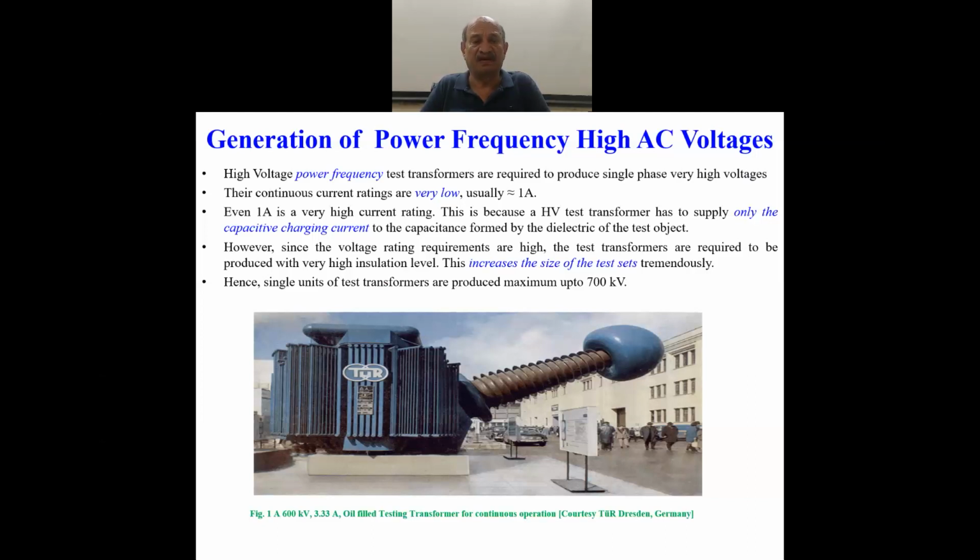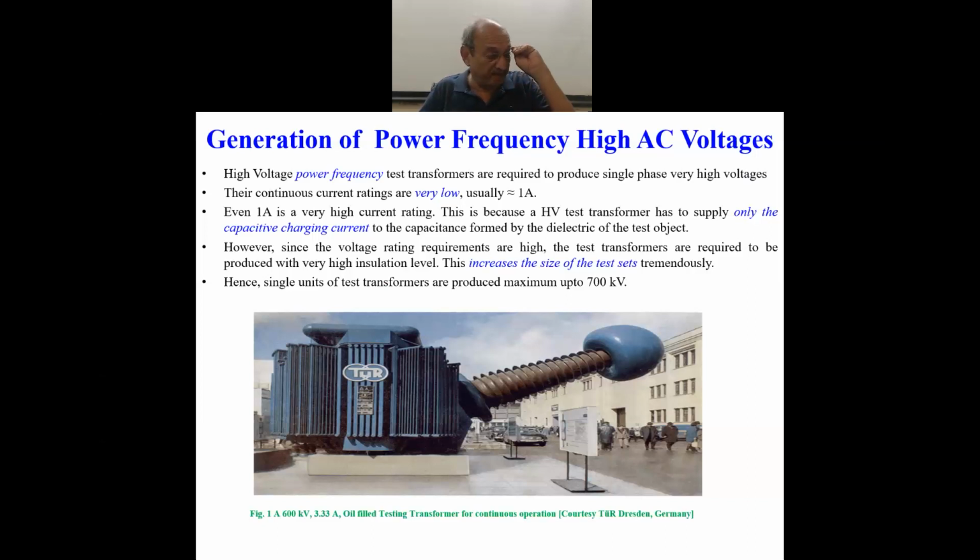Single phase testing is done one by one for each phase. Why? Because the testing of the insulation provided even in a phase has to be done between the high voltage and the ground. Whenever a short circuit occurs, it will be between the high voltage and the ground. So the testing is also done between high voltage and the ground. So single phase testing transformers are required.